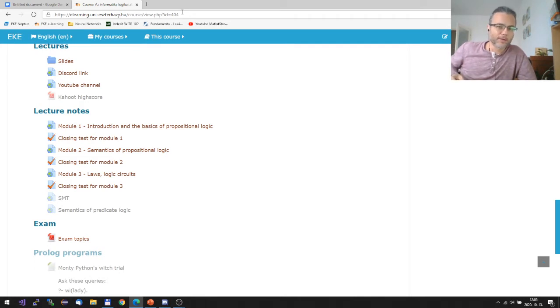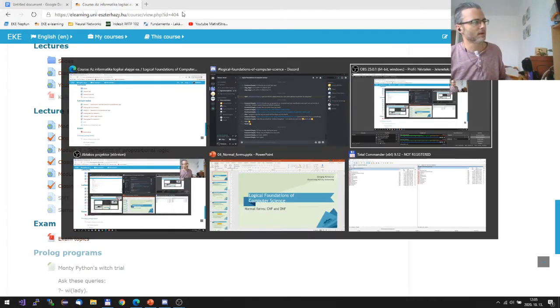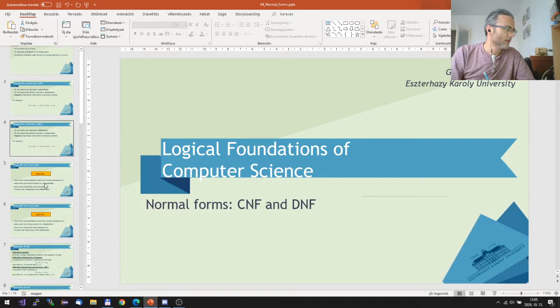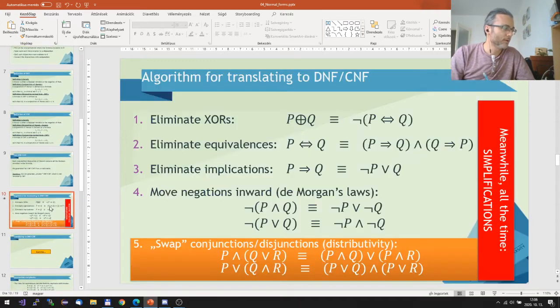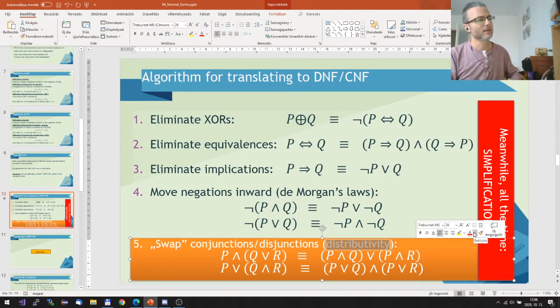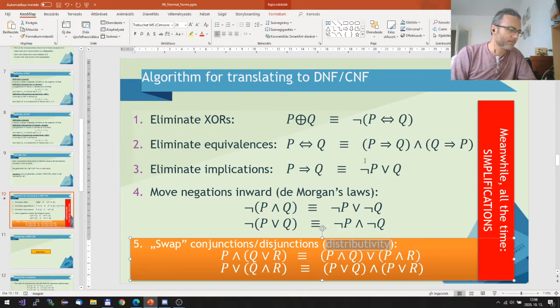We already experienced it in the previous week, and we will use it in the long run. For example, today we are going to learn about normal forms, and when we want to translate a formula to a certain normal form, we have to apply the law of distributivity. So you should remember at least how this law works.